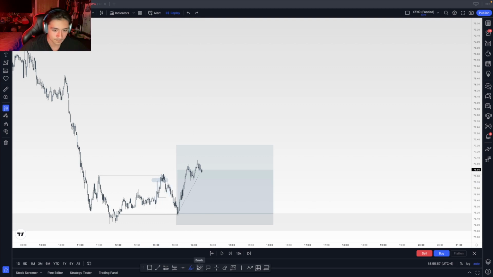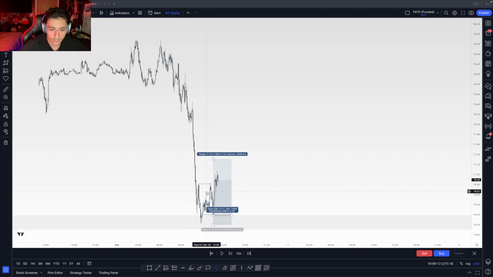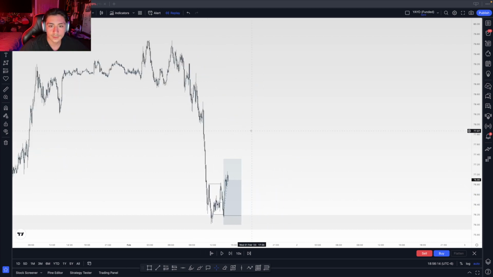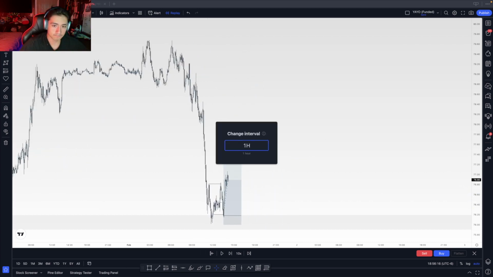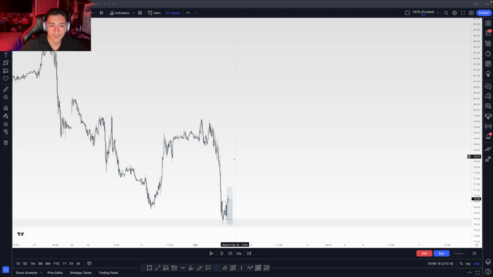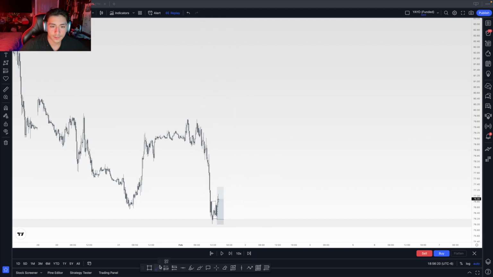So that would be a loss. This would be a nice entry on the liquidation of this. And since this refueled, we can expect possible retracement all the way up here, but ultimately there.